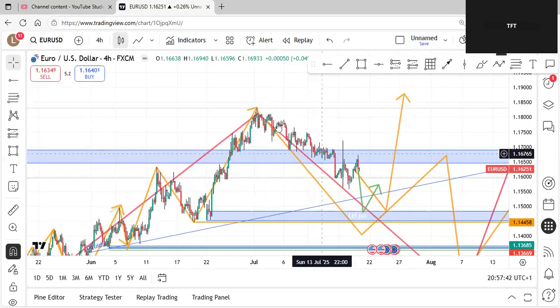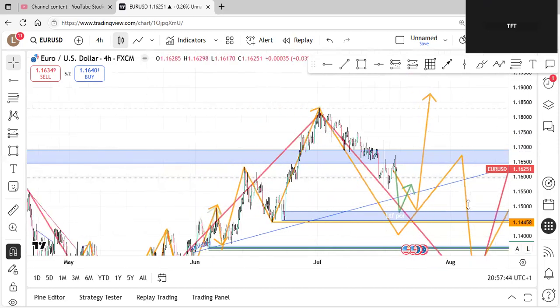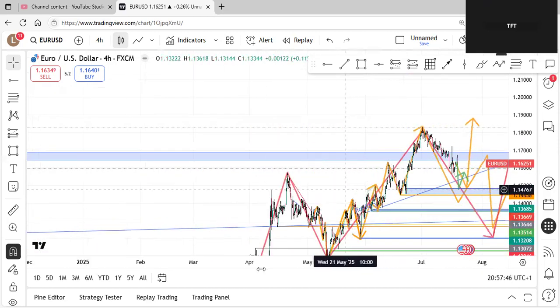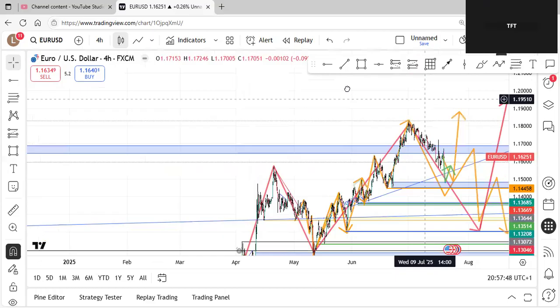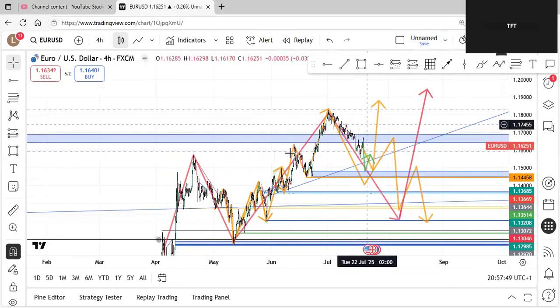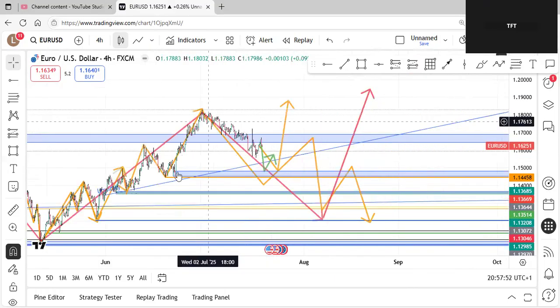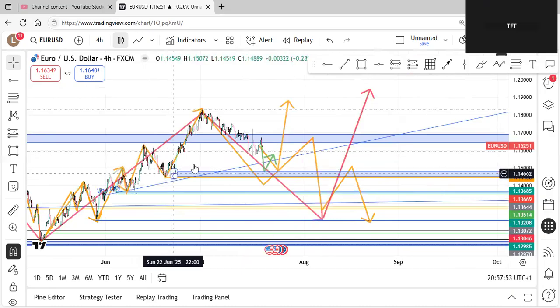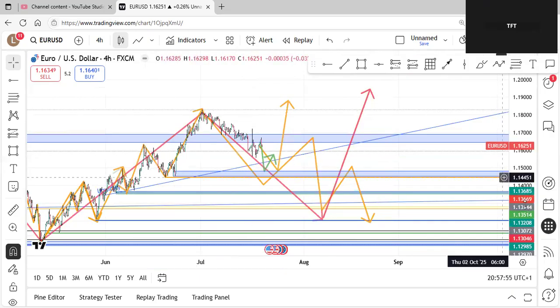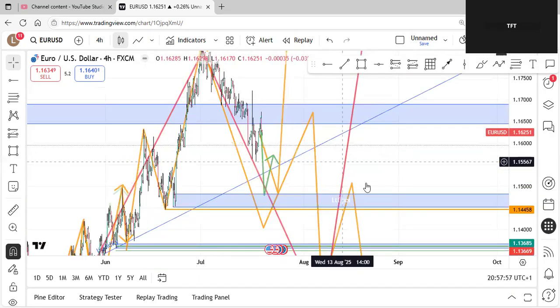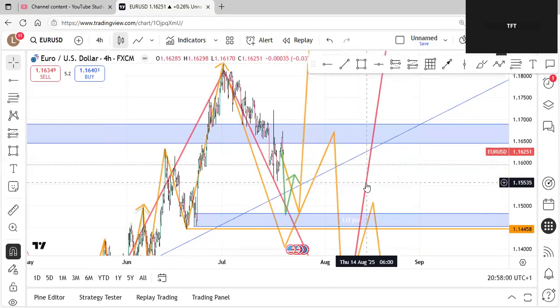If we zoom out a touch, we are 4-hour bullish. We are 15-minute bullish, but in a pullback phase. It's not taking the low, so it's just pulling back at the minute. If it takes the low, then it's a change of character, and I'm looking for sells, but probably to pull back up high to then sell lower again.